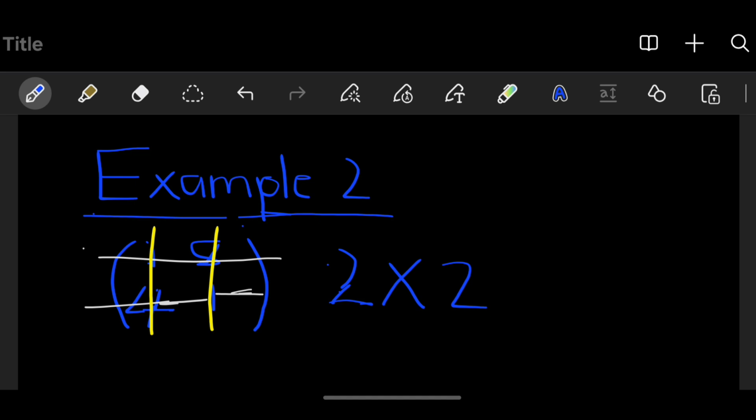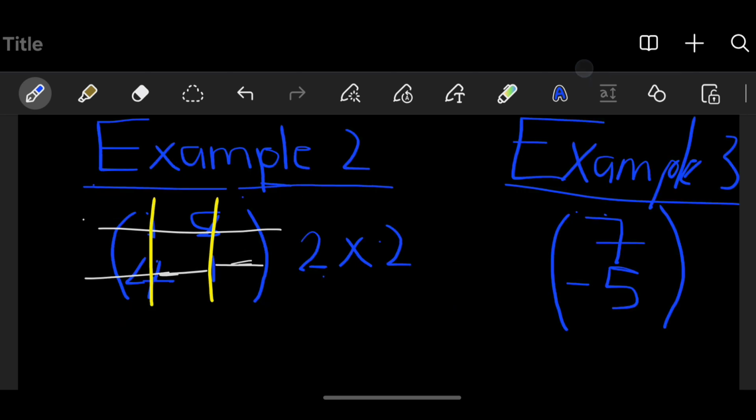Now let's move on to the last example, which is example number 3. In example number 3, we are given the matrix 7, negative 5, and we are going to read this matrix. I'm going to give you 3 seconds to read this matrix.